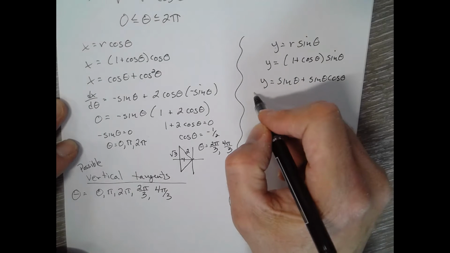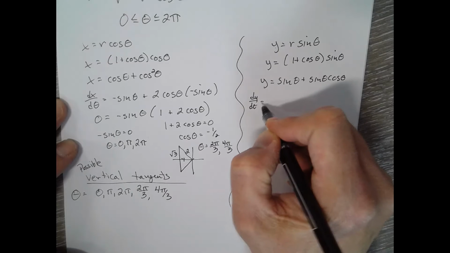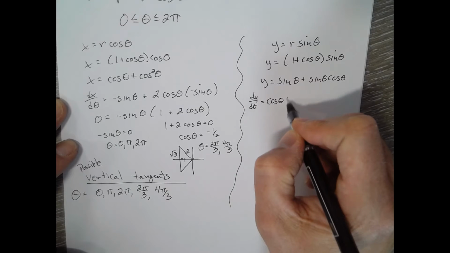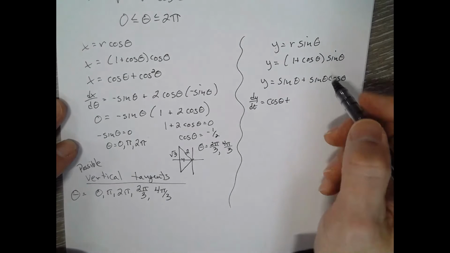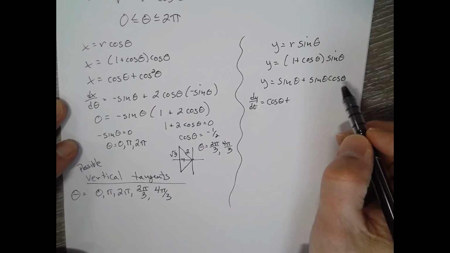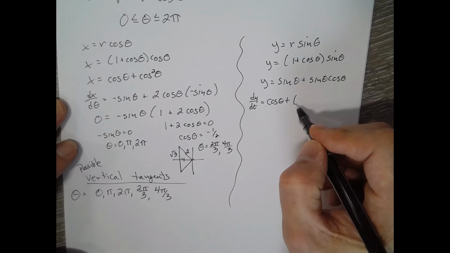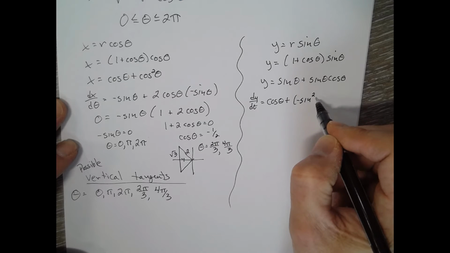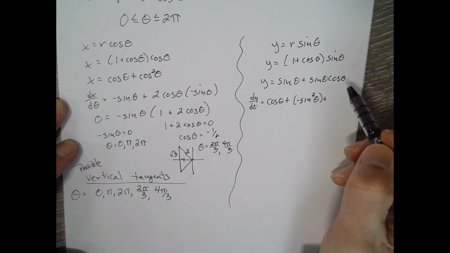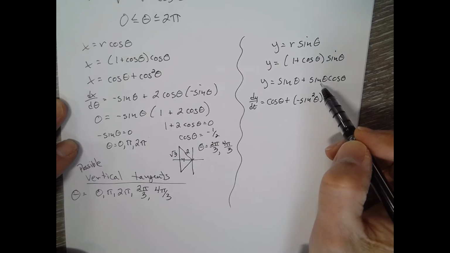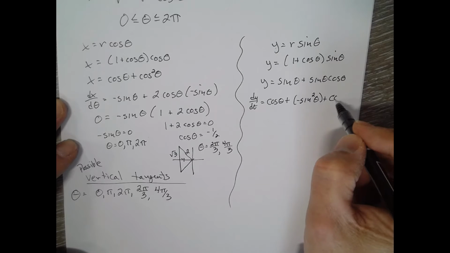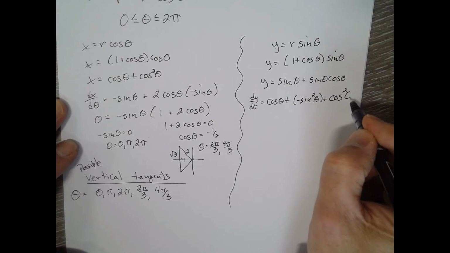So dy d theta equals cosine theta plus, we'll have to do a product rule here, sine theta times negative sine theta, so that's negative sine squared theta, plus cosine theta times the derivative of that, so times cosine, or cosine squared theta right there.